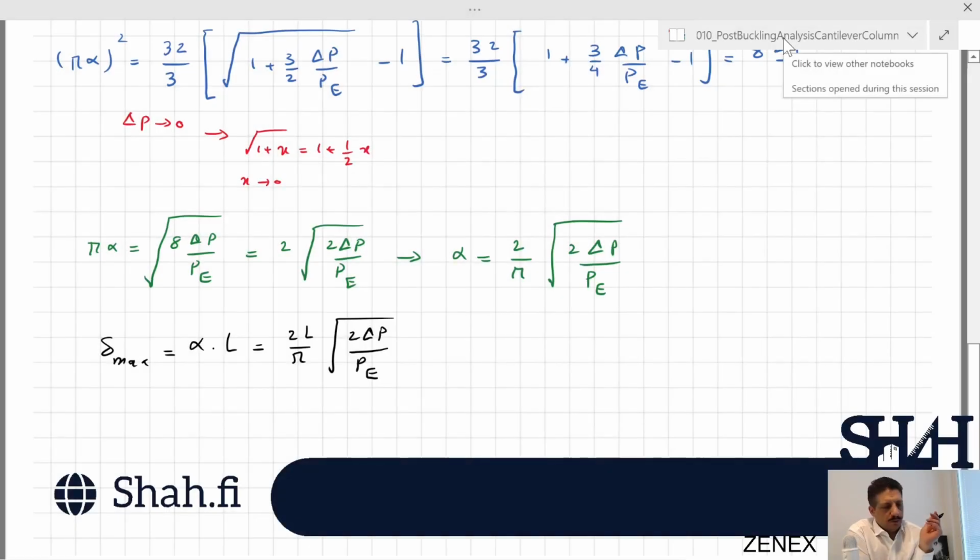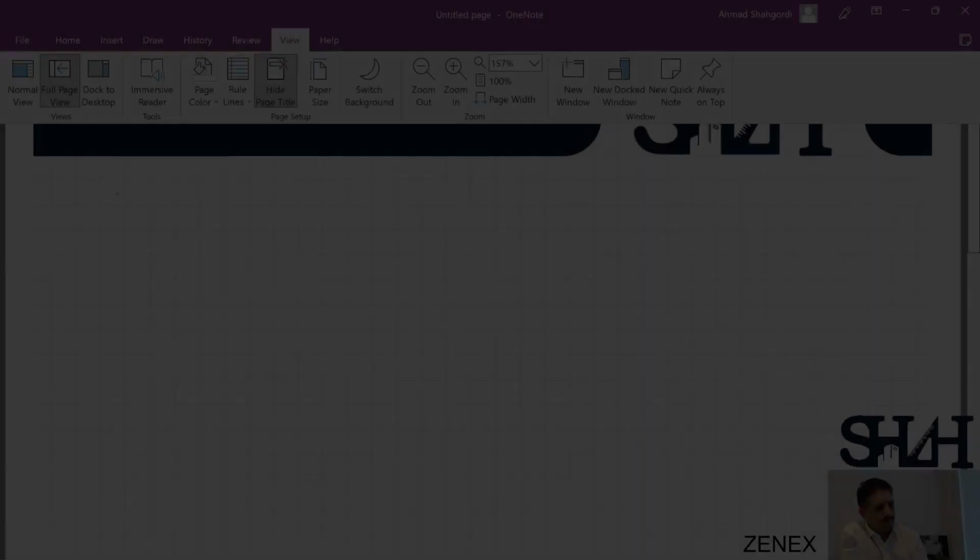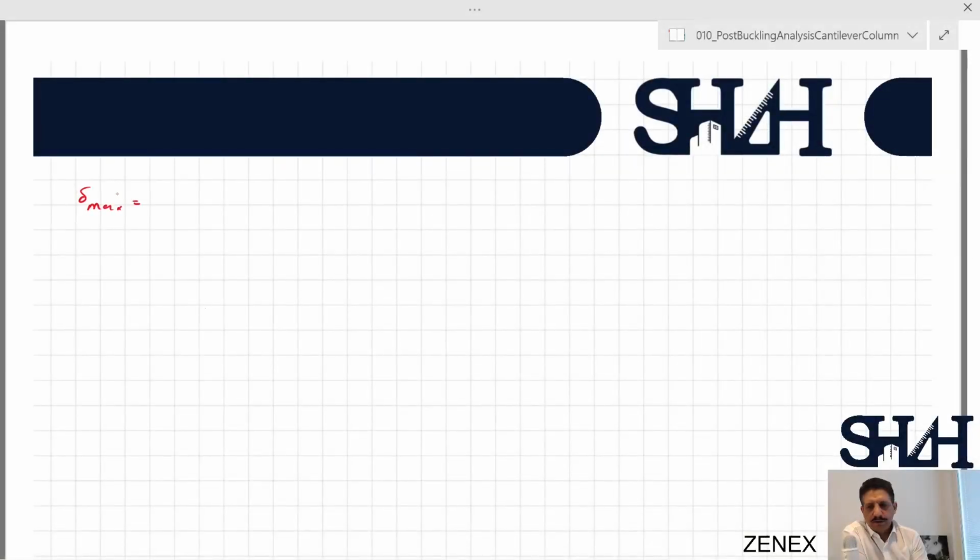Okay, now with this delta max, we can calculate the maximum bending moment. So delta max is 2L over pi square root of 2 delta P over PE. And this is delta max.